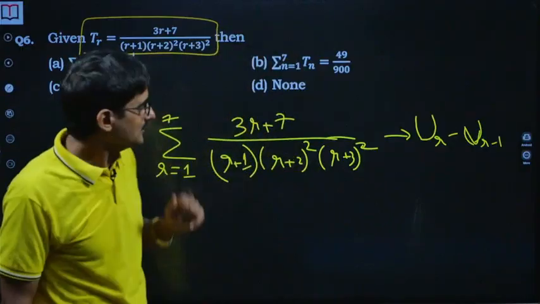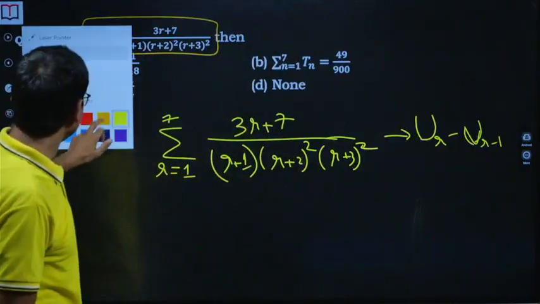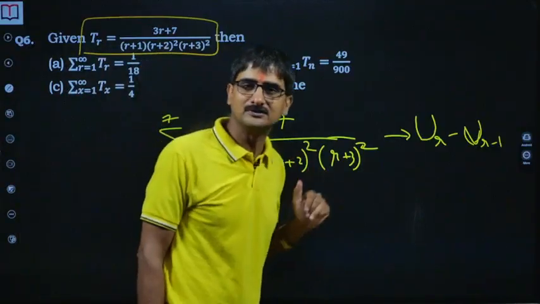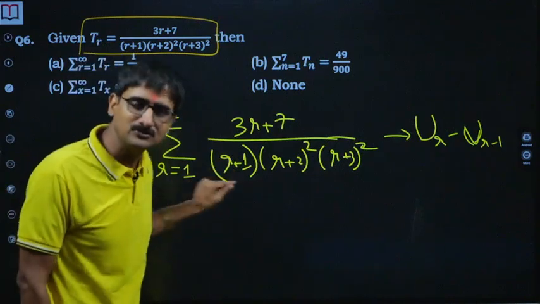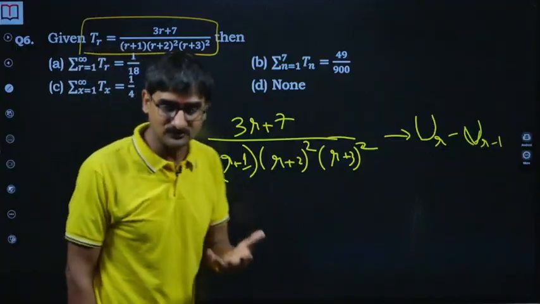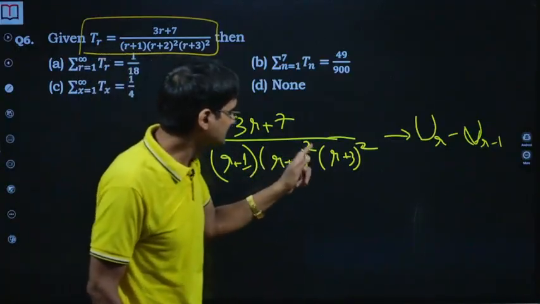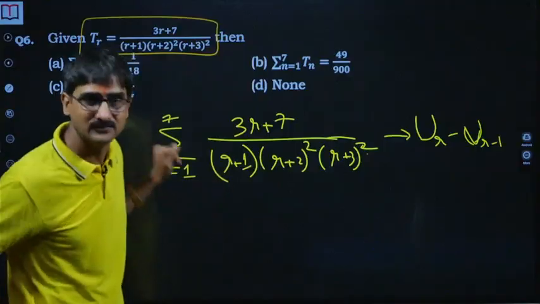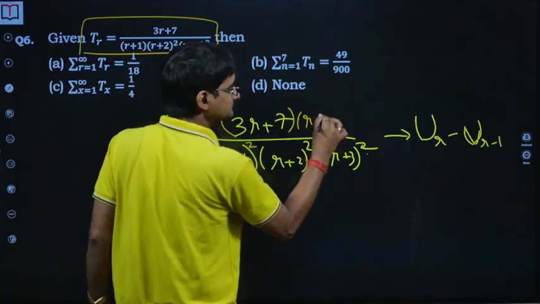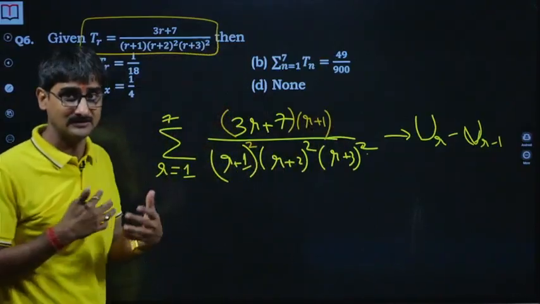Okay, so while thinking on it, I realized that if we have to rewrite as a difference of two terms, there should be some homogeneous type of thing in the denominator. What does that mean? What I want to say here is this has power 2, this has power 2, this has power 1. So the first thing I thought is to convert it to this thing again. Why?